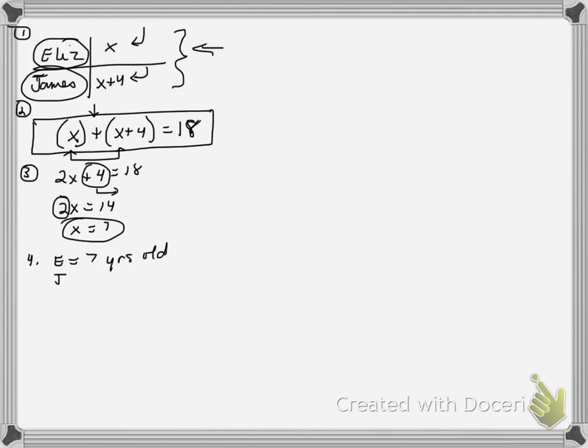And James is, go back up to your variables, Elizabeth plus 4. If Elizabeth's 7, then James is going to be 7 plus 4, or 11 years old. And that's how we do a word problem.